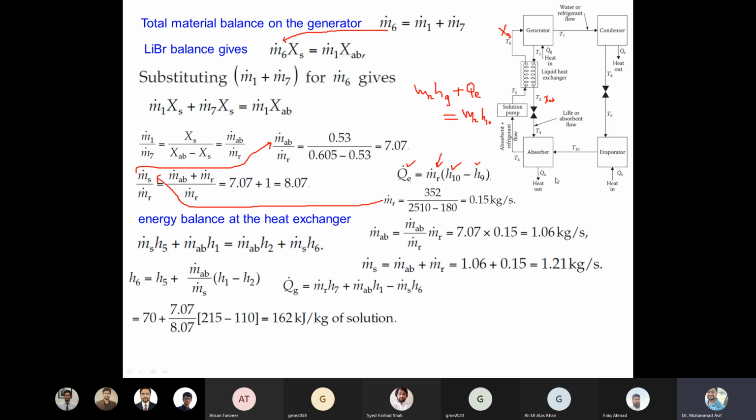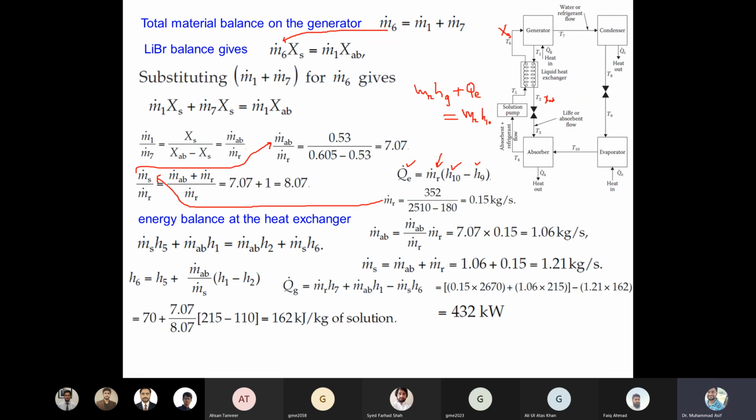Lastly, it is very easy to calculate how much input is required for the generator, because we have the mass flow rate of the refrigerant, the mass flow rate of the absorbent, as well as the enthalpies, H6 and M6. If we put all of the values, how much energy is required? That's 432 kilowatts. So in order to produce a cooling effect of 352 kilowatt, 432 kilowatts of heat input is required.